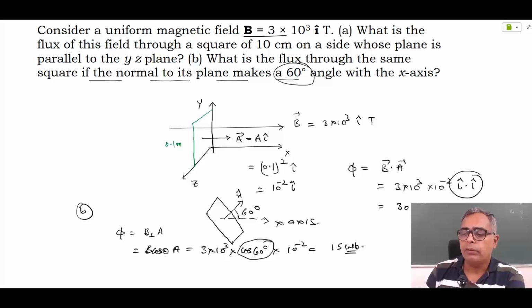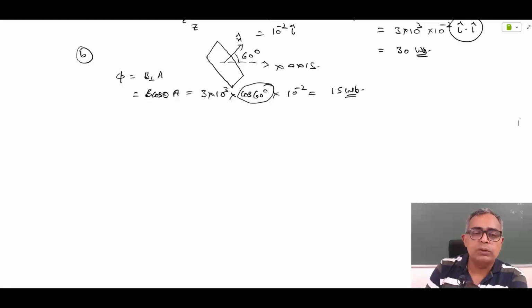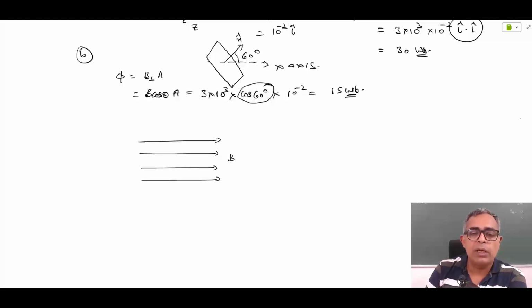Now from here, in the subsequent situation, you will also come across two special cases. Suppose this is the uniform magnetic field given to you, that is represented by equally spaced lines. Suppose I have a loop having area A and that is placed in the plane of the magnetic field, means the magnetic field lines are passing like that.